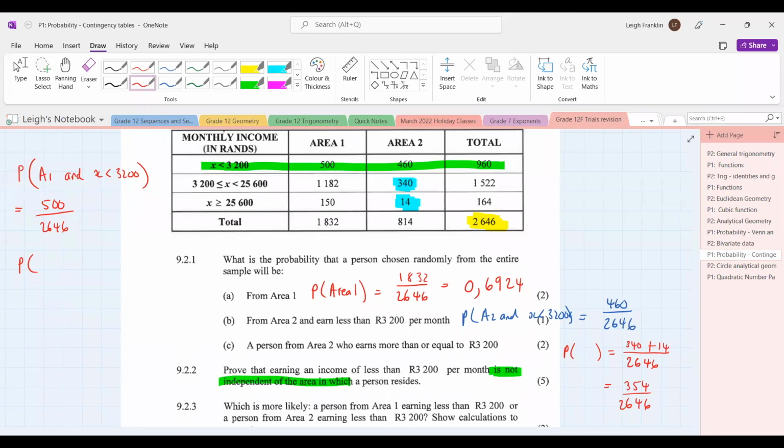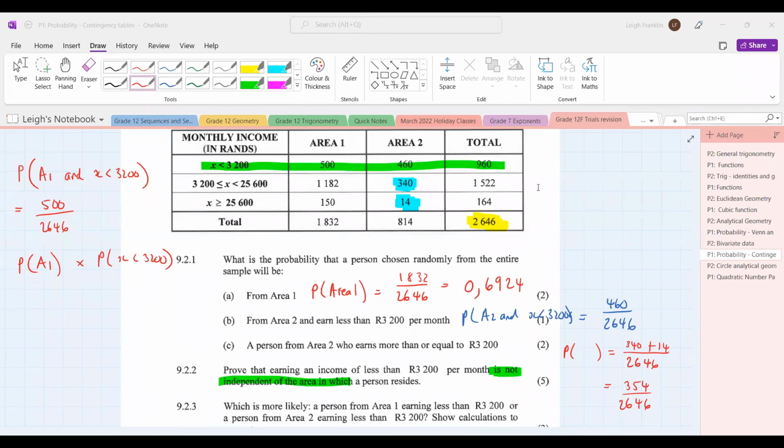So it has to be the probability that you live in area 1 multiplied by the probability that you earn less than 3,200 Rand a month. There we go. So we've got to compare 500 over 2646 with the probability of living in area 1 multiplied by the probability of earning less than 3,200.